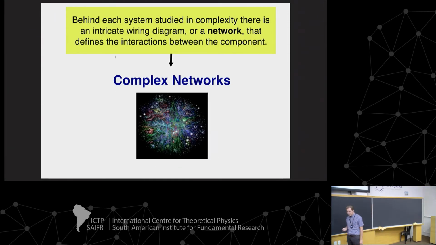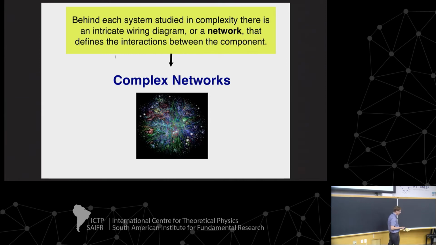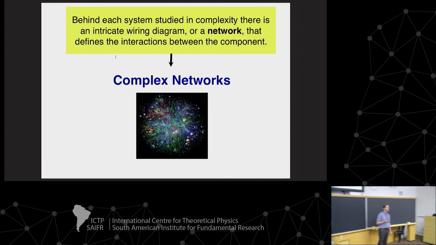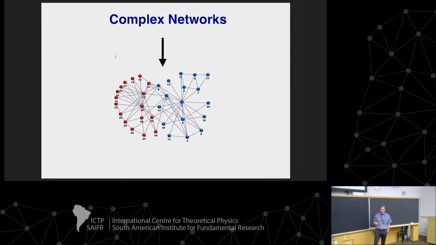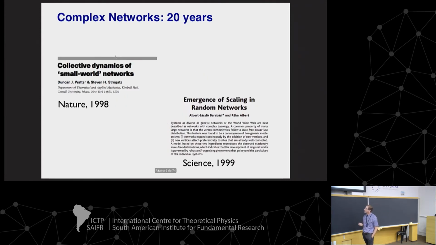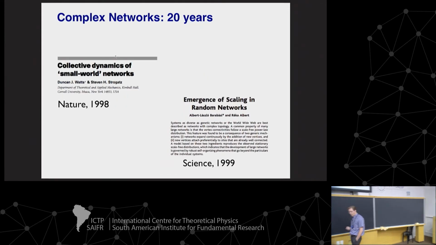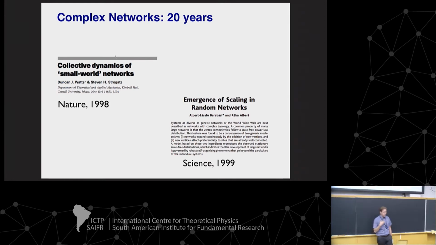So a network basically is a graph which represents the structure of a complex system. In a network, we have a set of nodes connected by edges. Then we can use this representation in many different areas. For instance, we can use complex networks to represent the web, or society, ecological interactions, so different complex systems.